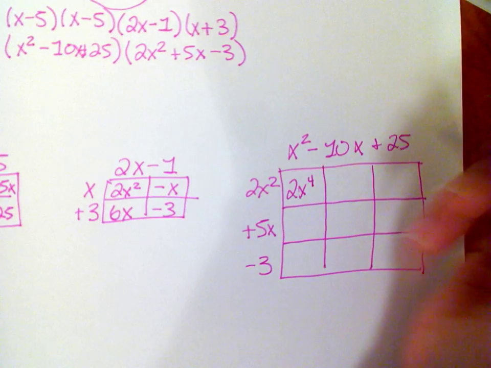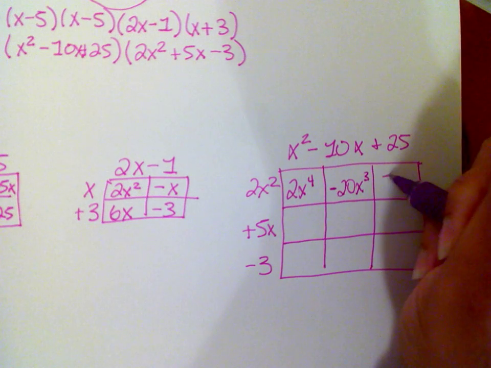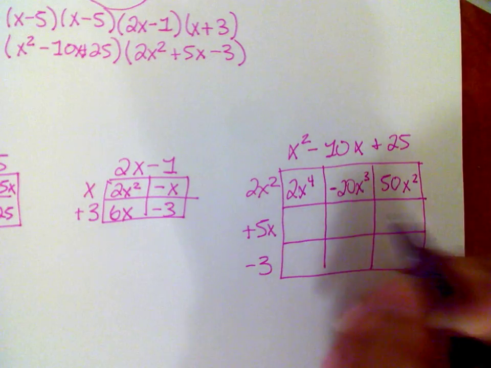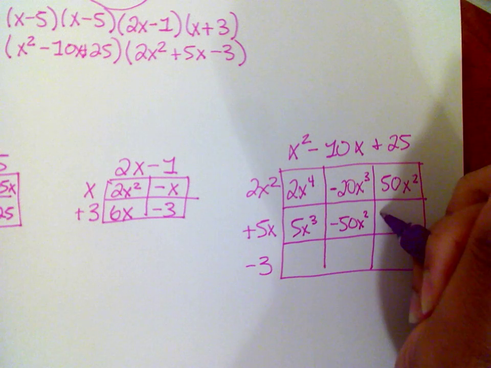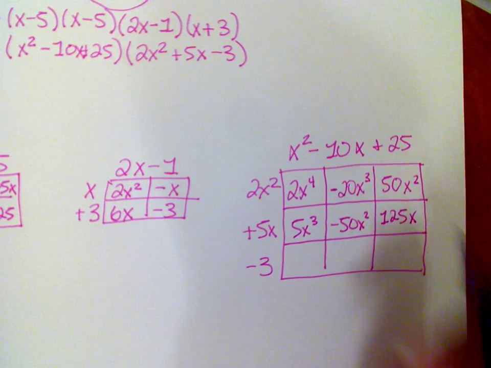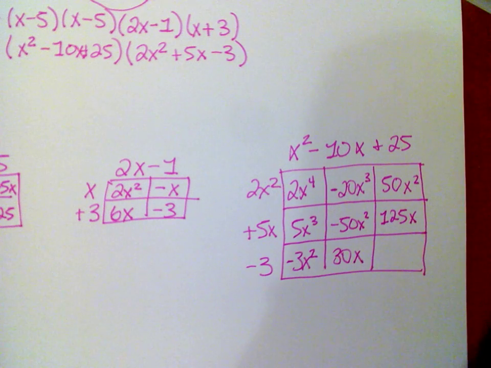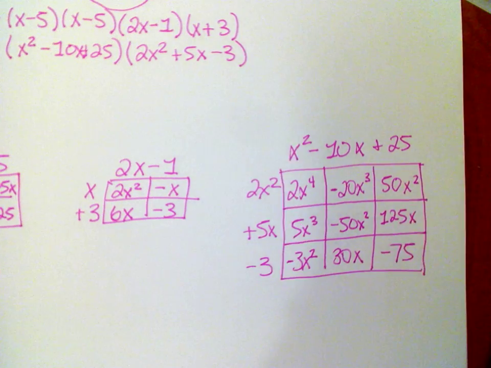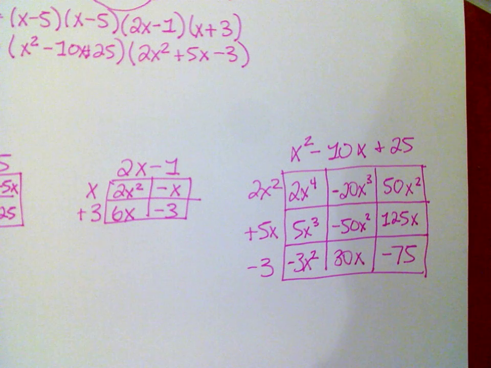We get 2x to the 4th, negative 20x cubed, positive 50x squared, 5x cubed, negative 50x squared, positive 125x, negative 3x squared, positive 30x, and negative 75.